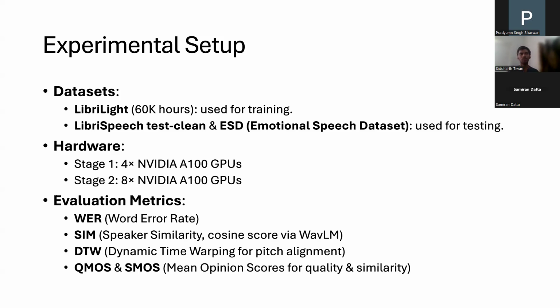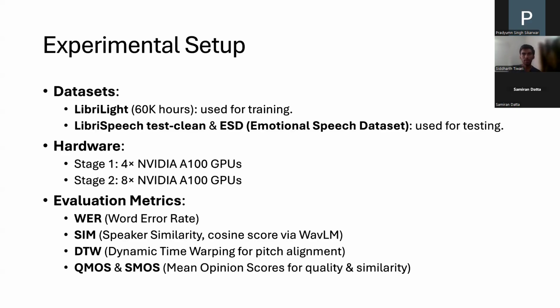Now, the hardware setup. We did training in two stages. In the first stage, the acoustic autoencoder, as mentioned by Pradyumna, was trained using four NVIDIA A100 GPUs with a batch size of 48 sentences per GPU.